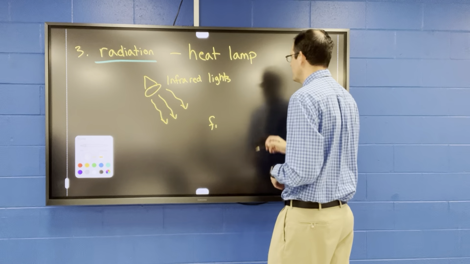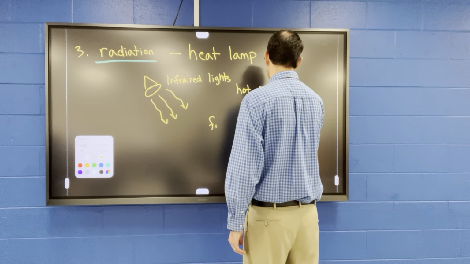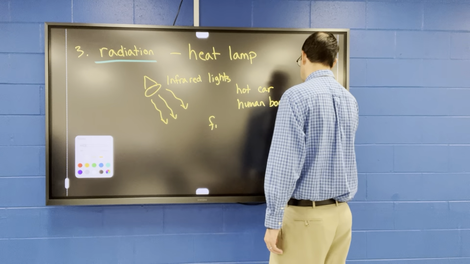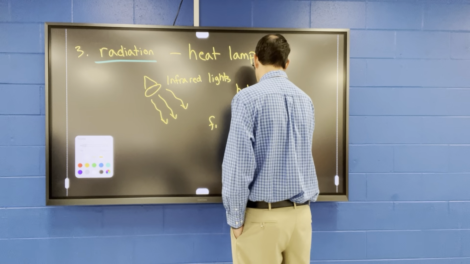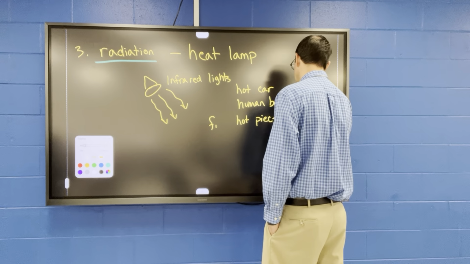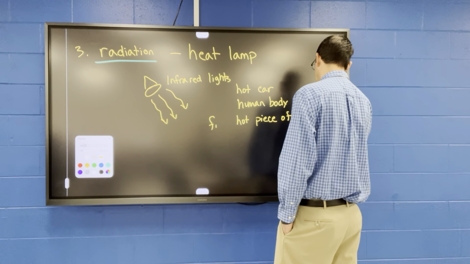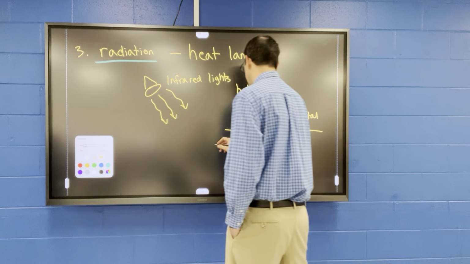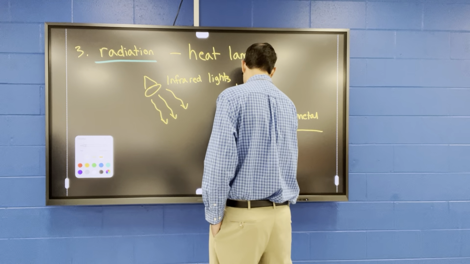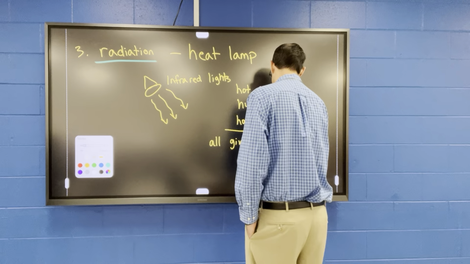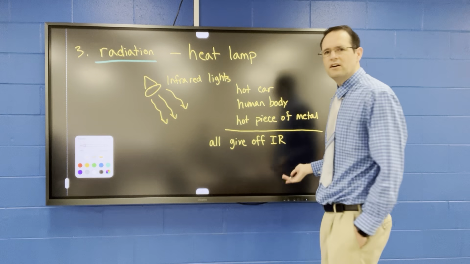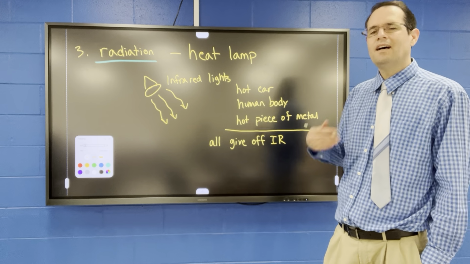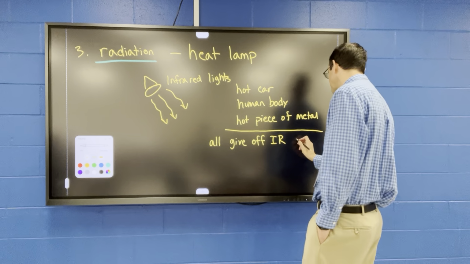So heat lamp, infrared lights, hot car, a human body, hot piece of metal. These all give off heat in the form of infrared radiation. IR stands for infrared, and we learned that it's a type of radiation, electromagnetic radiation.